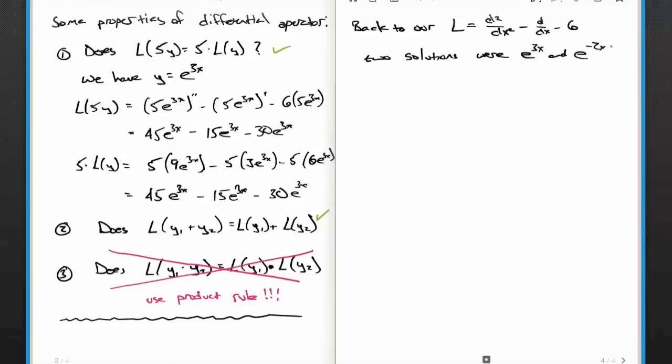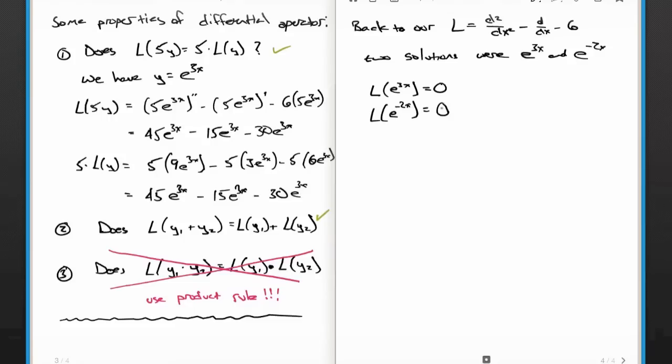I'm going to say that since L of e to the 3x, right, what did that equal? So when we apply this differential operator to e to the 3x, what does that equal? Well, that equals 0, right? That's what we were trying to figure out. And L of e to the negative 2x, what did that equal? Well, that also equals 0.